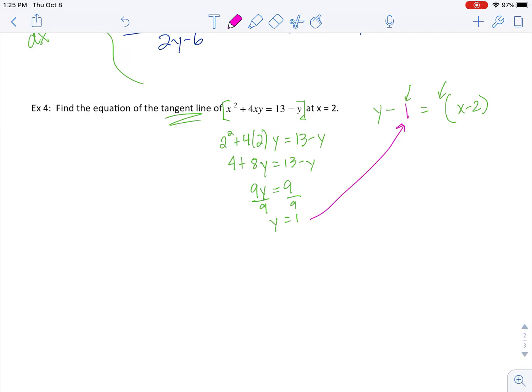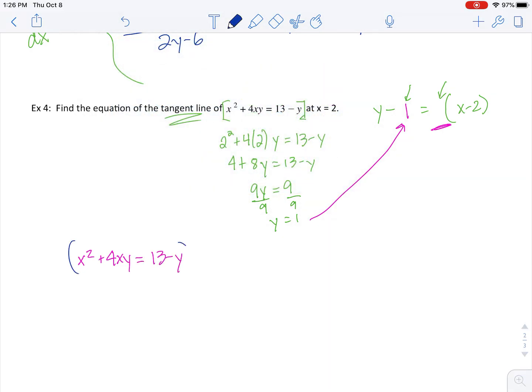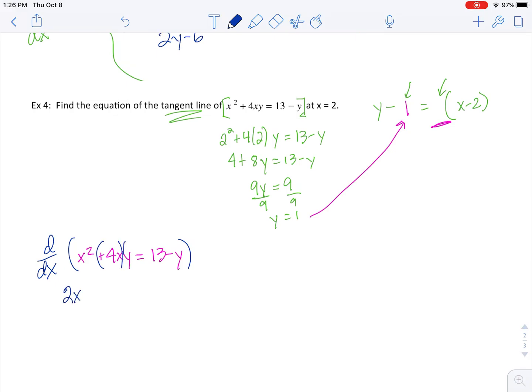So that is going to go up here in the y spot. And then let's take the derivative of this function so we can find the slope. I'm going to write down x squared plus 4xy equal to 13 minus y, and take its derivative using big kid notation. The derivative of x squared is 2x. The derivative of 4xy is a product rule.